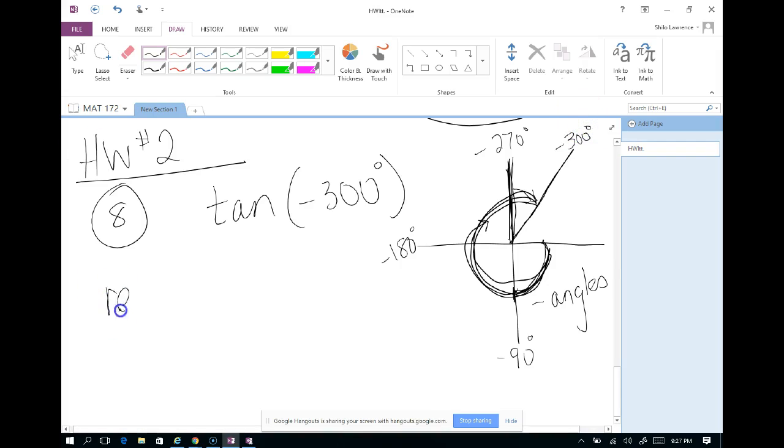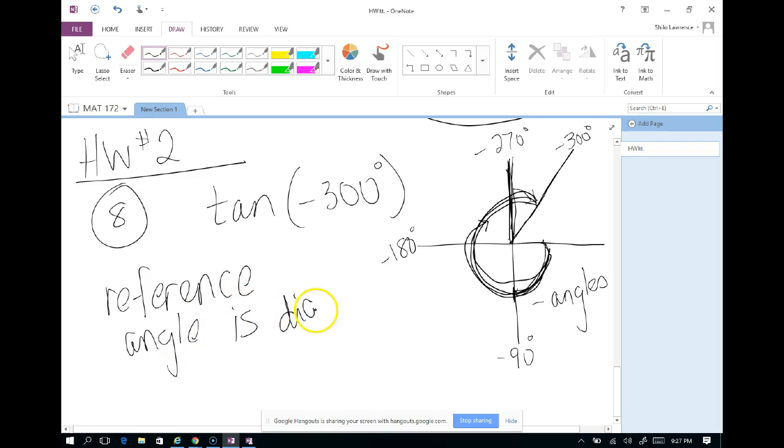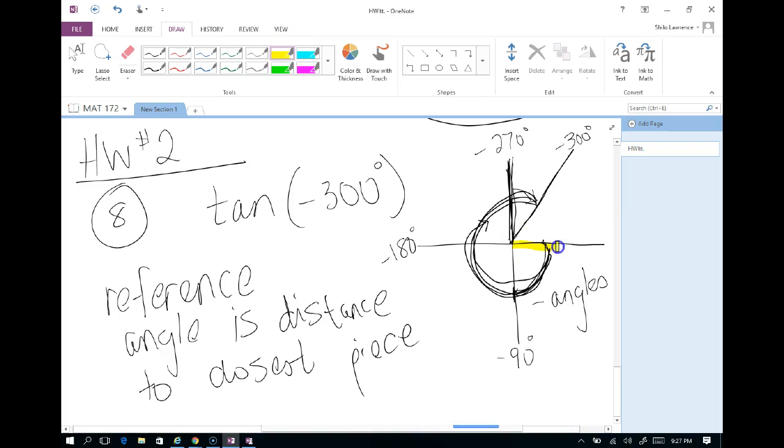Reference angle actually is referring to the distance to the closest piece of the x-axis. And when I say closest piece, that means if we're in quadrant 1 or 4, the positive x-axis is closer. If we're in quadrant 2 or 3, the negative x-axis is closer.